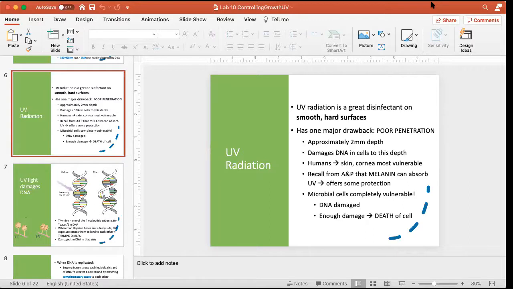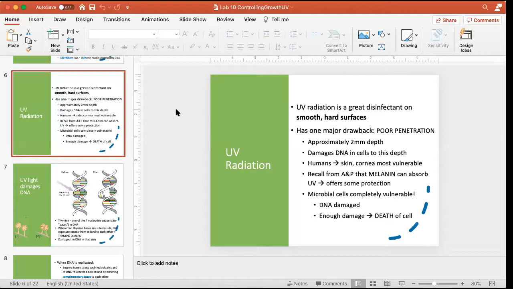Very different for microbes though, right? Microbes are much, much smaller than we are, obviously. Only a couple of micrometers in diameter. And of course, a micrometer is only 1/1000th of a millimeter. So ultraviolet can penetrate to 2 millimeters. So these microbial cells that we're talking about, the ultraviolet radiation can pass right through them.